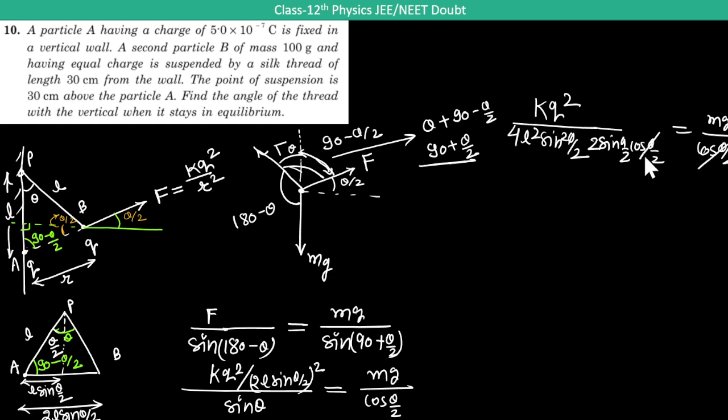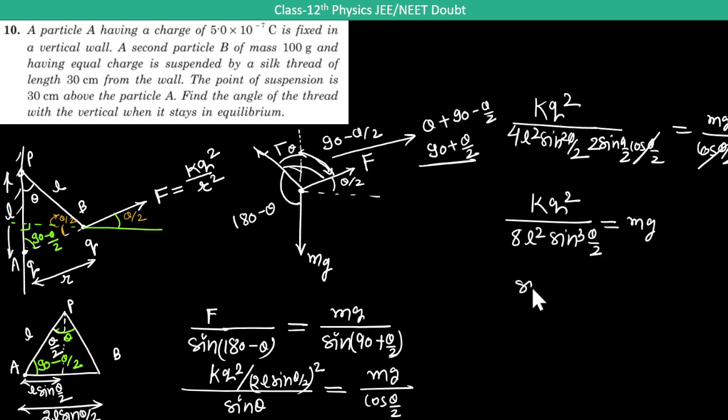The cos theta by 2 terms cancel, giving kQ square divided by 8 L square sine cube theta by 2 equal to mg.